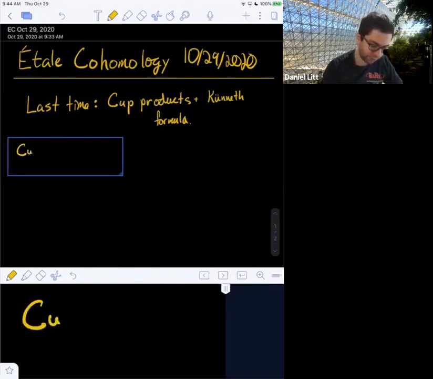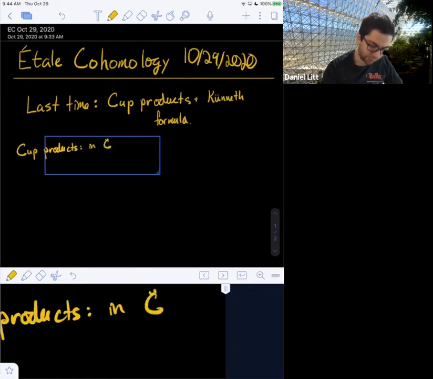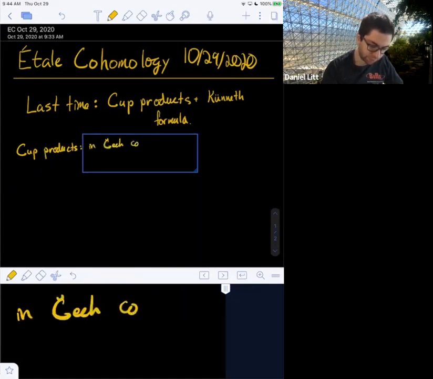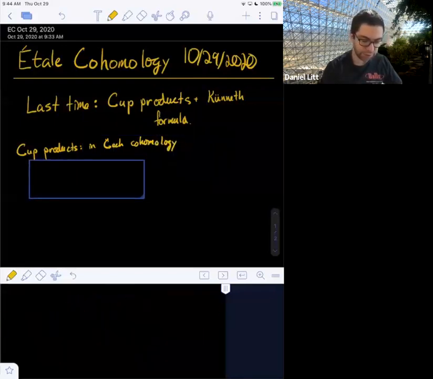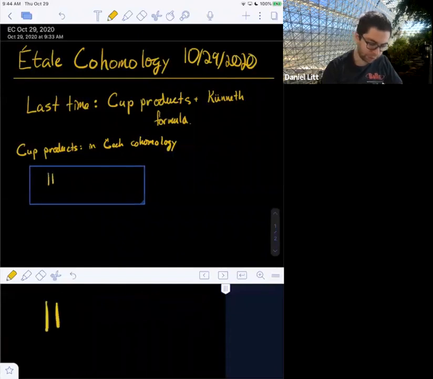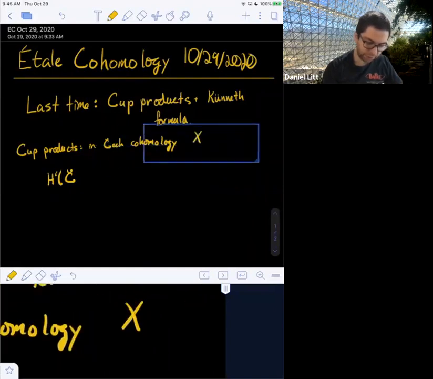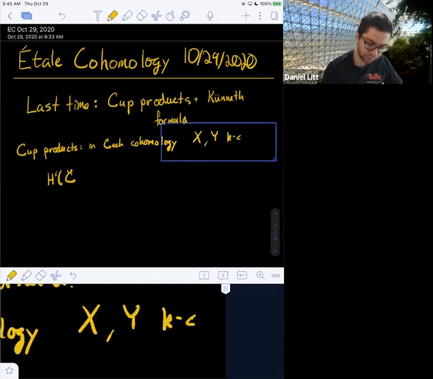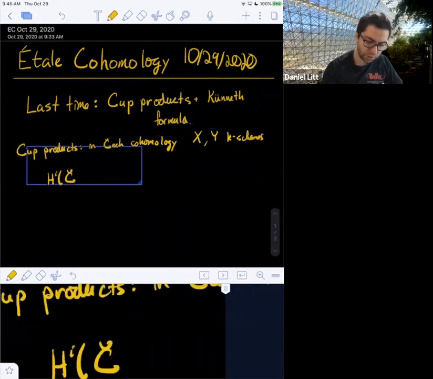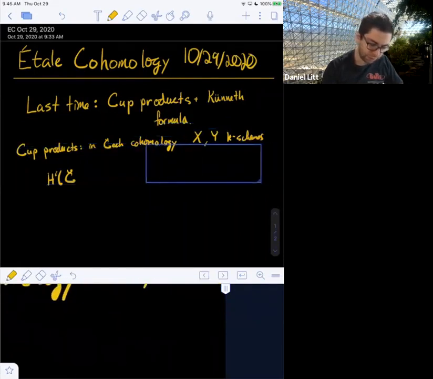So first of all, let me just remind you what cup products were in Čech cohomology. In Čech cohomology, they're given by the following formula. It's enough to define a product from H^i of the... here we have X and Y. Let's say our K-schemes, and F and G are constructible sheaves.